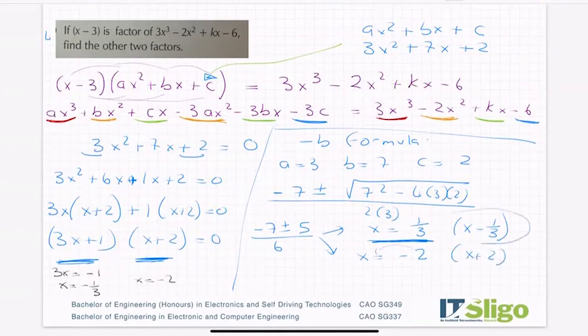We tend not to write them like that, so multiply across by 3, and that's where you'll get the 3x plus 1. So it is possible to use the minus b formula if you hate factorization, and work backwards to get the factors. But in this particular case, because you were asked for factors, if you can factorize, it is a better way of doing it.